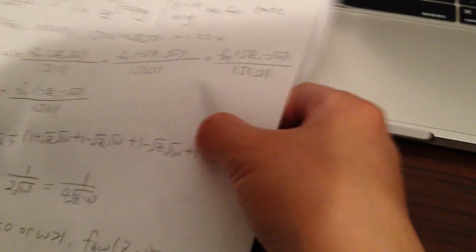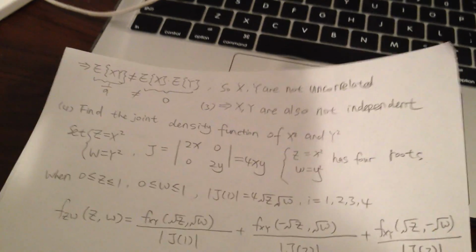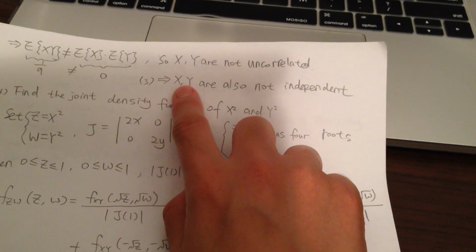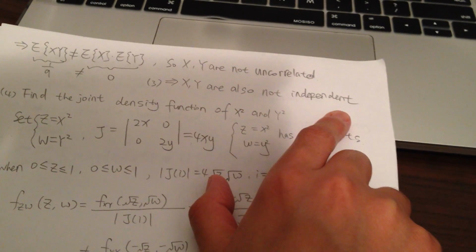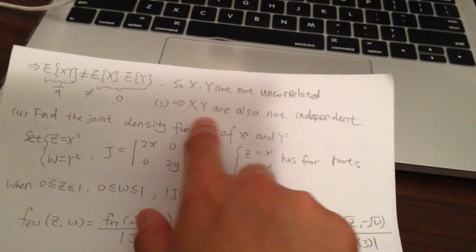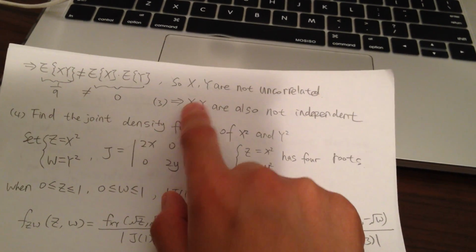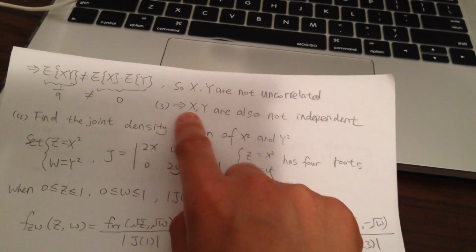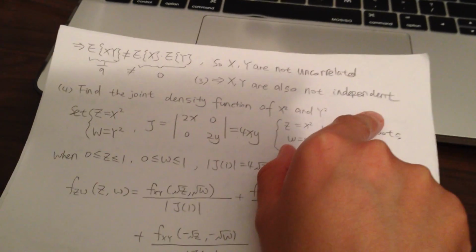Now for part 3, we need to check whether the random variables are independent or not. From the previous part, we already know that x and y are correlated, so that means they are not independent.